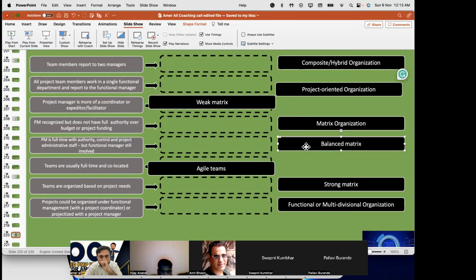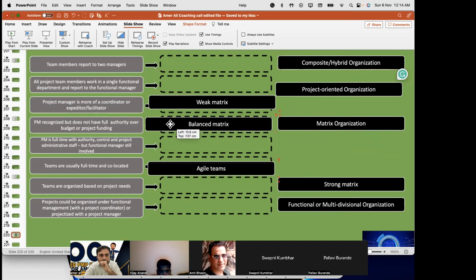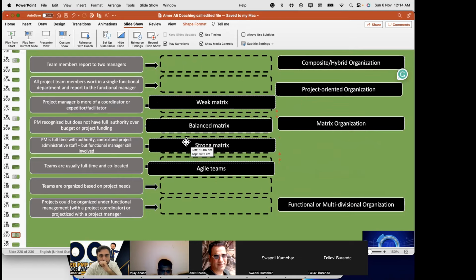Then functional, multi-divisional organization. Okay, balanced matrix is this: project manager is recognized but does not have the entire authority. Strong matrix: project manager has full authority, but the functional manager is still involved.